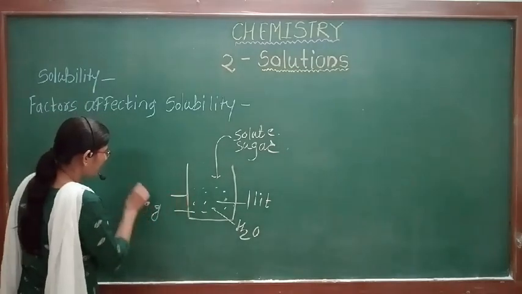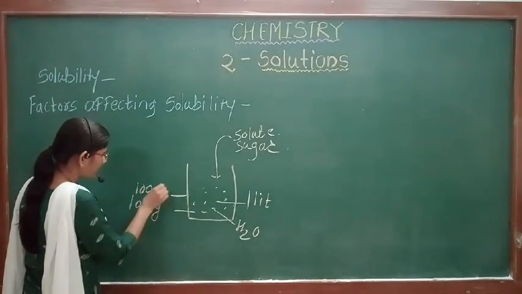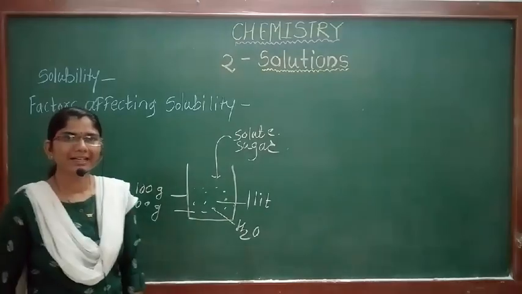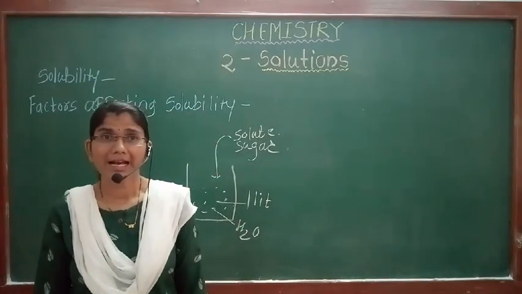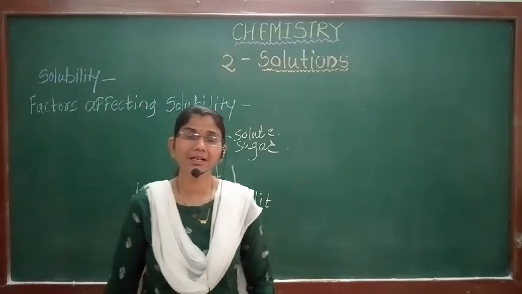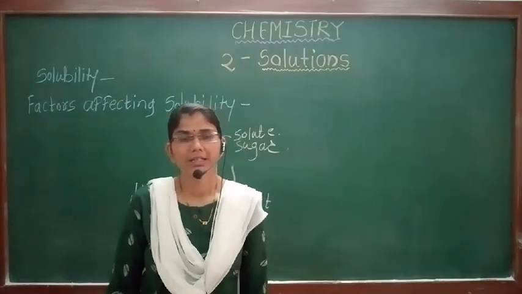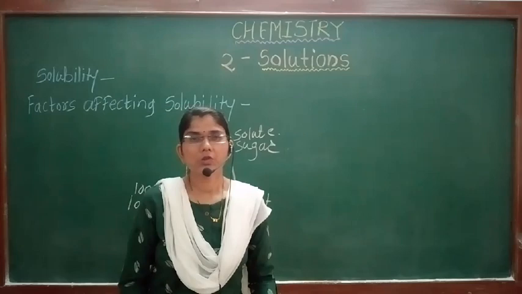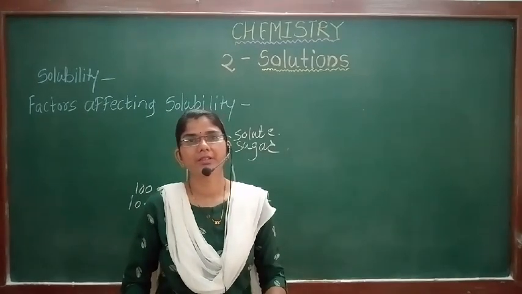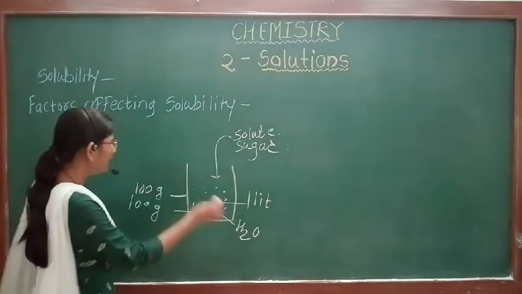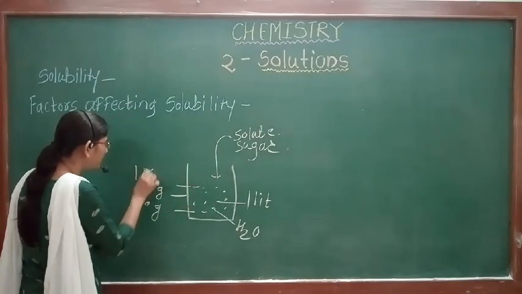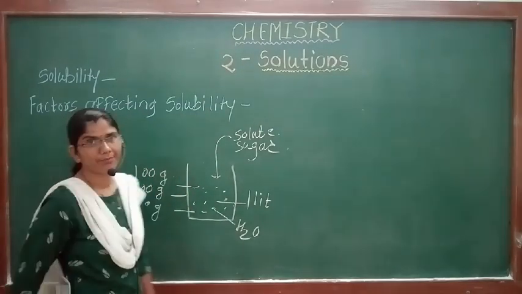Again if we add 100 gram of sugar in it, the dissolution takes place again, because as we saw in our last lecture, the capacity of the solvent to dissolve a solute is near about 300 gram.